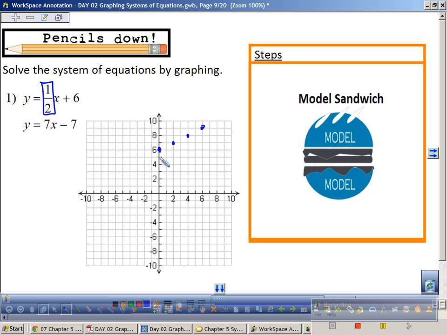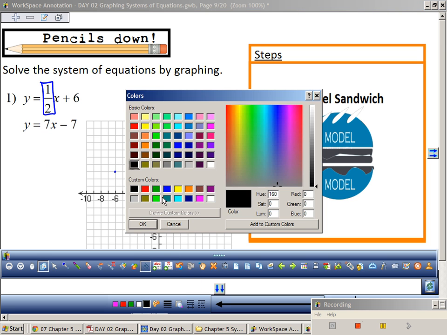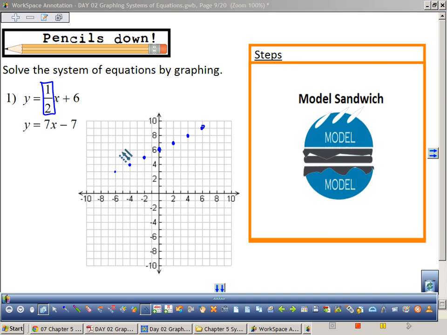I could also go down 1 over 2, down 1 over 2. I want to be nice and accurate, but Michael, I don't want you drawing yet, okay? Just pay attention. All right, so there's my first line of my system.